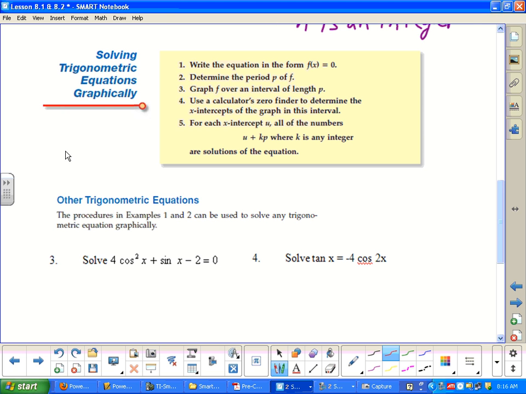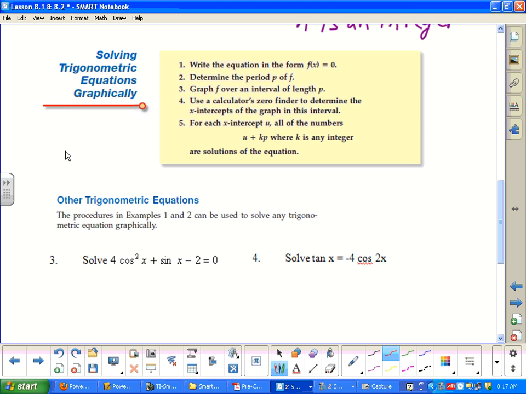So here, when it asks us to solve equations graphically, you'll actually have two choices, the intersection method or the intercept method. Their suggestion is to write the equation in the form f of x equals 0, so you can do the intercept method.